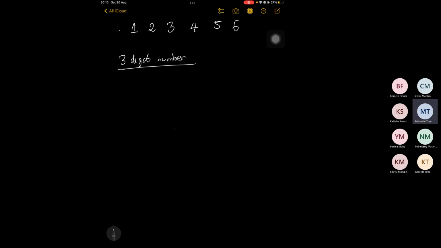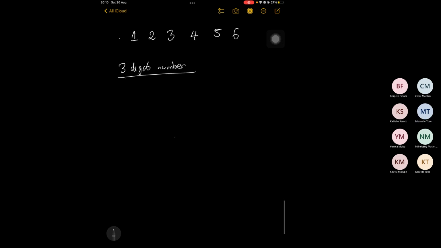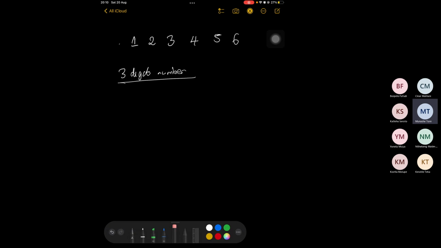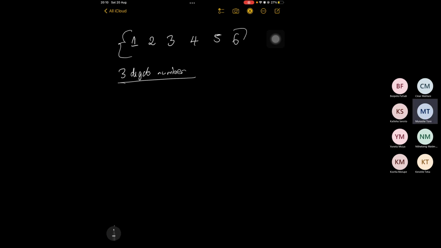Let's assume they say you have these numbers, 1 through 6. Then how many 3-digit numbers can you come up with from these? Can someone just try to answer the question?